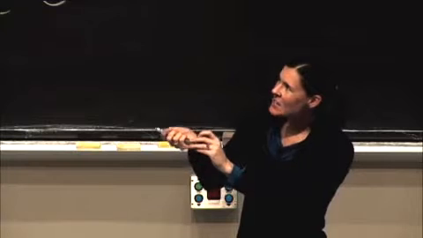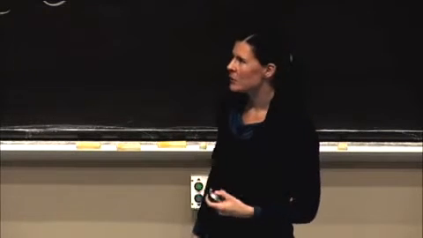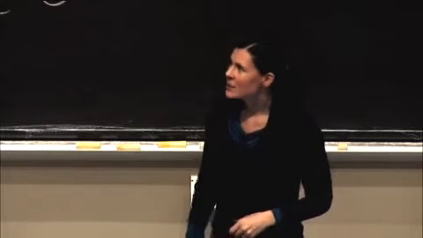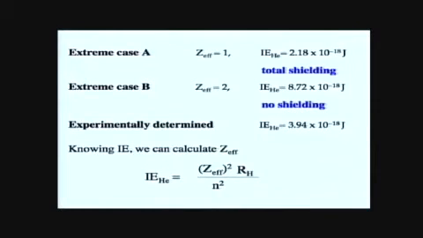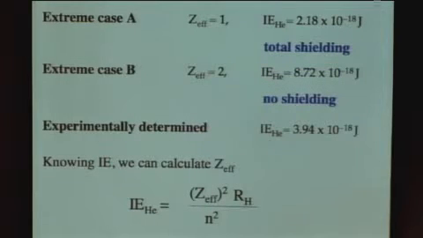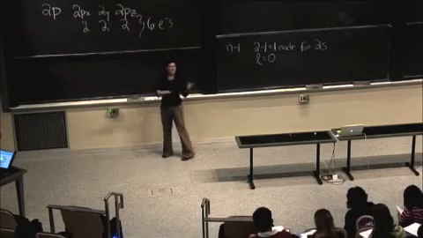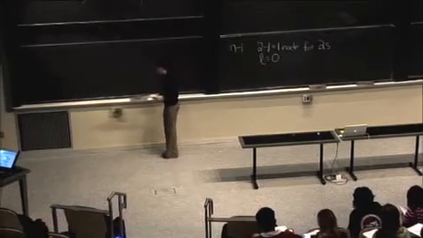And if we experimentally know what the ionization energy is, we actually have a way to find out what the Z effective will be equal to. We can use this equation here. This is just the equation for the ionization energy, which is the same thing as the negative of the binding energy. That's equal to Z effective squared RH over n squared. Instead of talking about the ionization energy, because that's one of our known quantities, we can solve for Z effective.